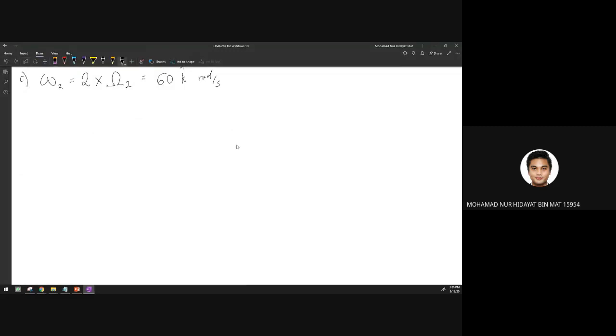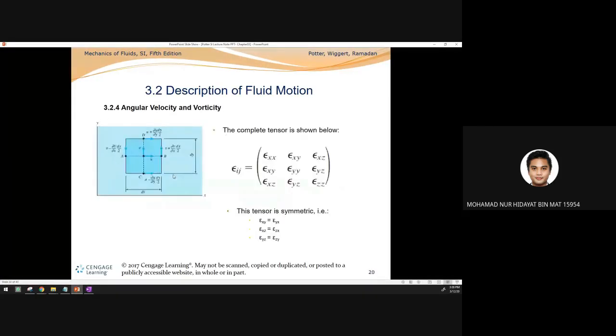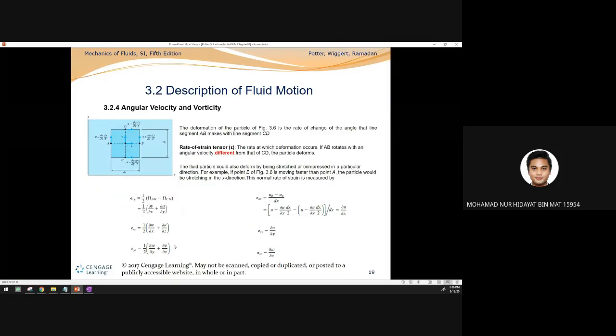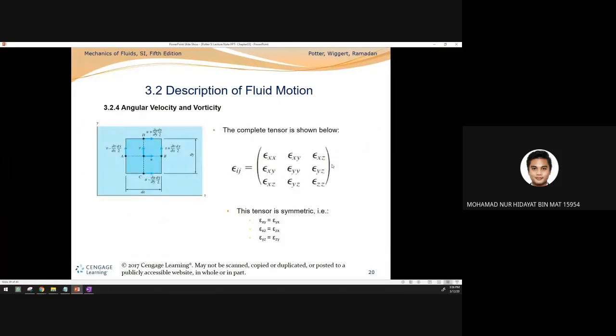Based on our equation previously that we have derived, this is the slide. This is the formula. By definition, the rate of strain tensor. You must be wondering, what is tensor, right? This arrangement we call a tensor, the complete arrangement. So we have 9 components. You can count 1, 2, 3, and then 3.